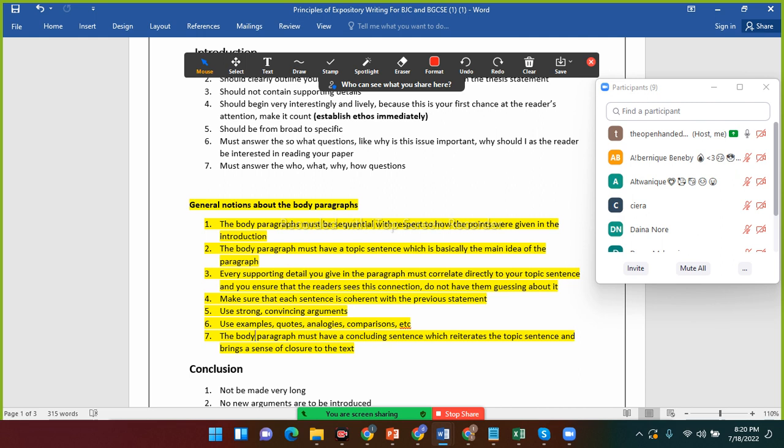So if we were to have a demonstration of how your body paragraph must look to know if you are done, I must see a clear topic sentence.